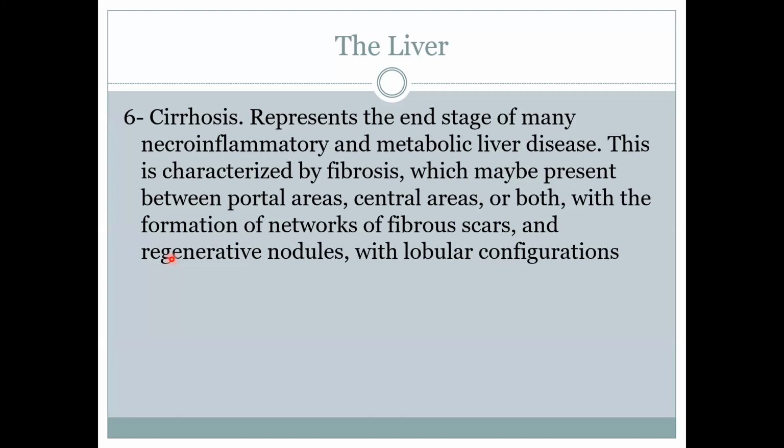And as a result of that, you will start to see that there is going to be a high turnover rate of liver cells that are present in those nodules that result from cirrhosis. This is why we call them regenerative nodules, because after the death of those cells, the stem cells of the liver are going to regenerate a new line of cells in those regenerative nodules. So you can see that the cell cycle is going to become fast.